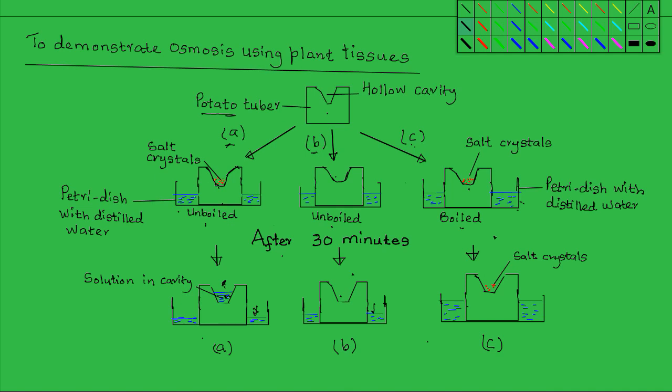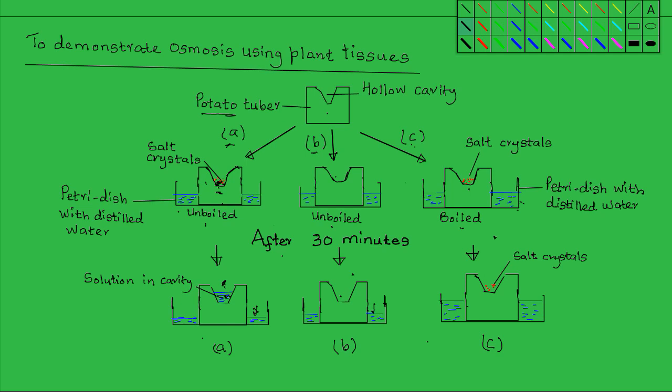Now, explanation of these observations. Now you can see that in the first potato tuber, the salt here in the cavity dissolves in the thin film of water found on the potato tissue, thereby forming a concentrated solution here at the center.